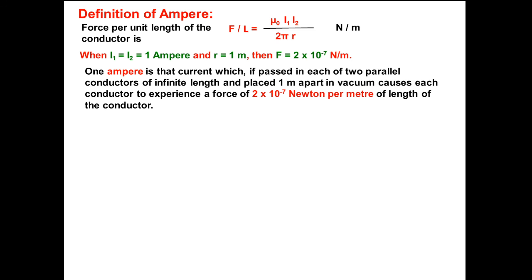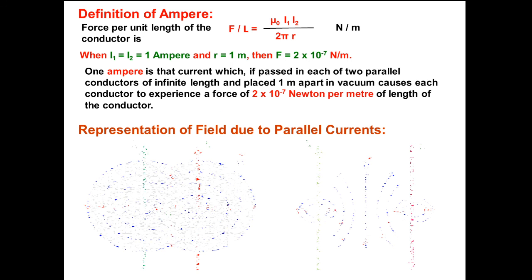Thus 1 ampere is that current which, if passed in each of two parallel conductors of infinite length placed 1 meter apart in vacuum, causes each conductor to experience a force of 2 into 10 to the power minus 7 newton per meter of length of the conductor.